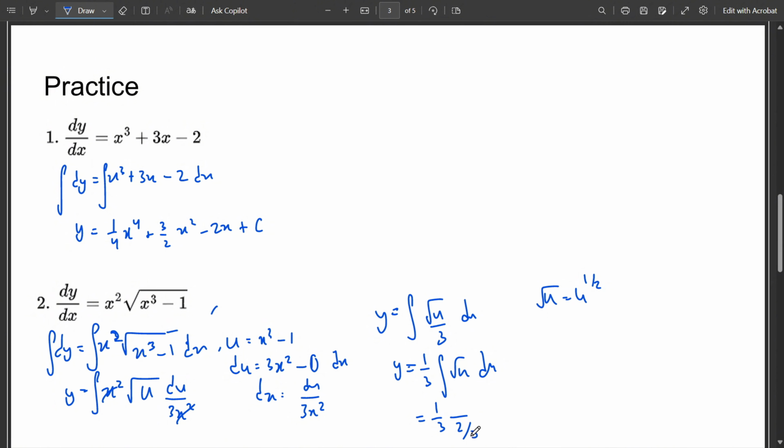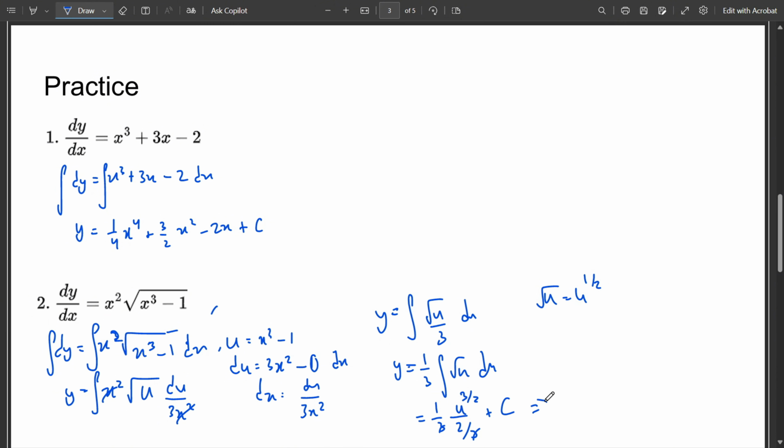Then you integrate this, and we have 1 over 3 times 2 over 3 u to the 3 over 2, because a half plus 1 is 3 halves, plus a constant of integration. Here we have the 3 and the 3 that can cancel.